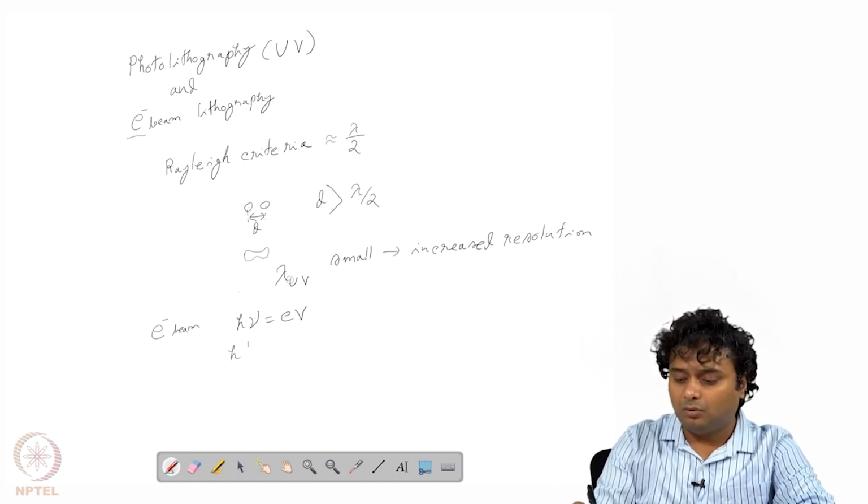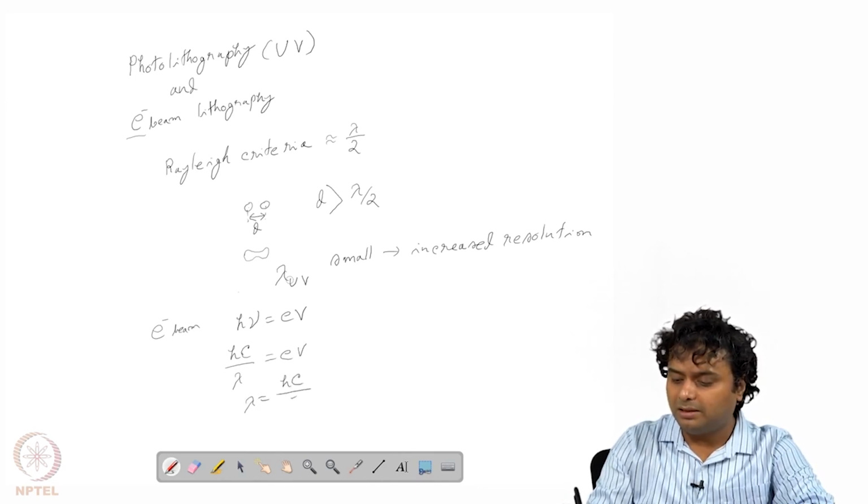Then we know that nu equals c by lambda, where c is the velocity of light, and then we get lambda equals hc by e into 1 by V.